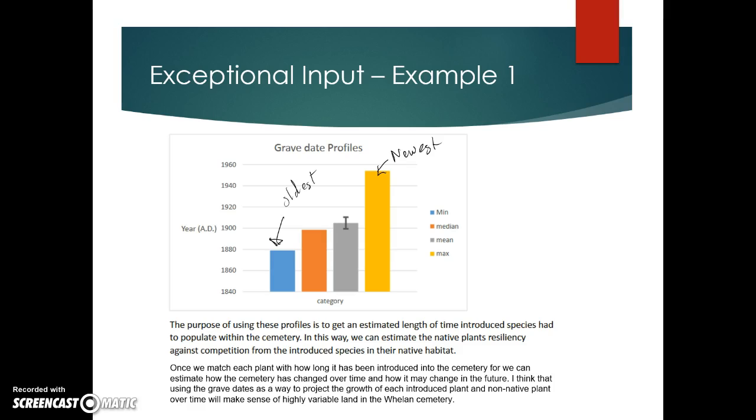But this person not only measured the graves, but they also said that once we match each plant to how long it was introduced in the cemetery, then we can estimate how much the cemetery has changed over time. So, for example, if you go to a grave that was dug up and the person was buried in early 1900, we know that soil right around that grave was disturbed in about 1900, and that any plants that were introduced were probably introduced about at that time.